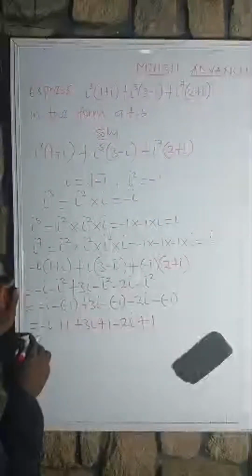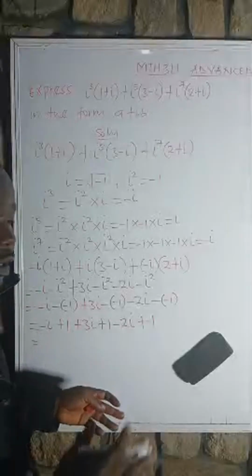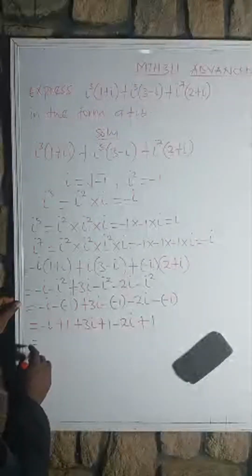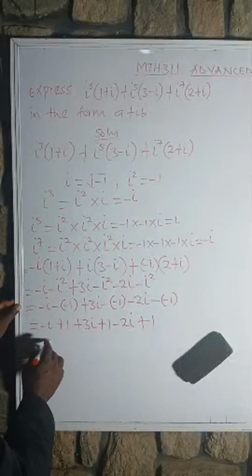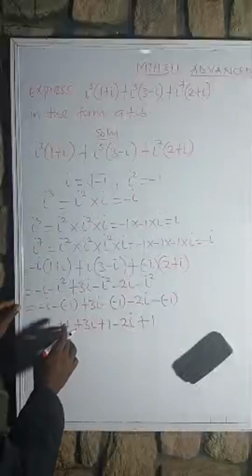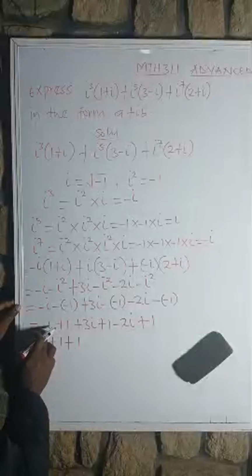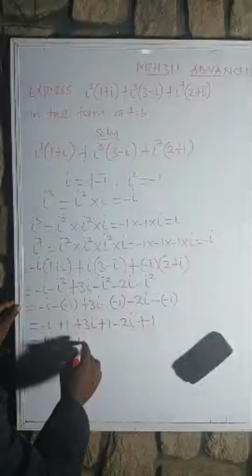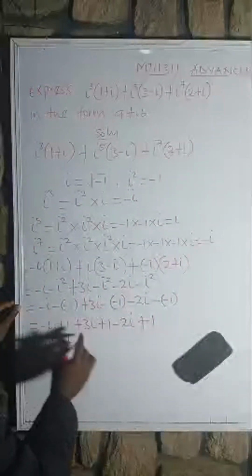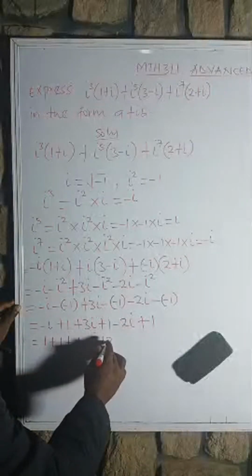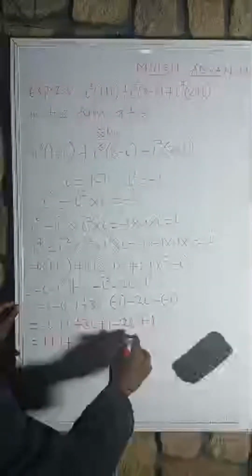So here we collect like terms, that is, taking the real and the imaginary parts to their respective parts. So here we have 1 plus 1 plus 1. Then we have here minus I plus 3I minus 2I.